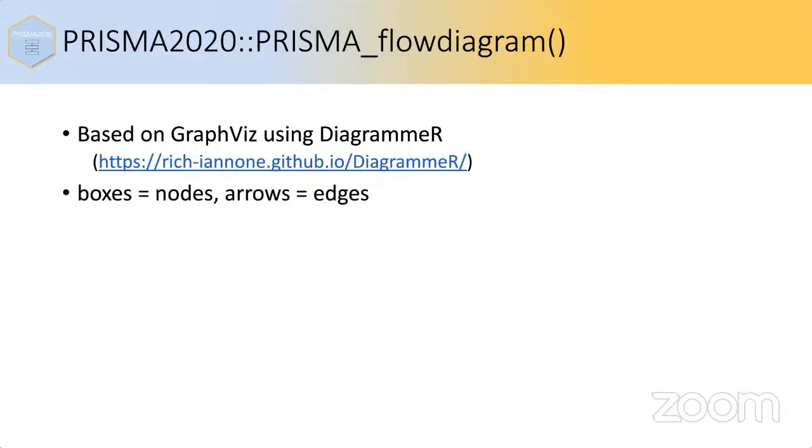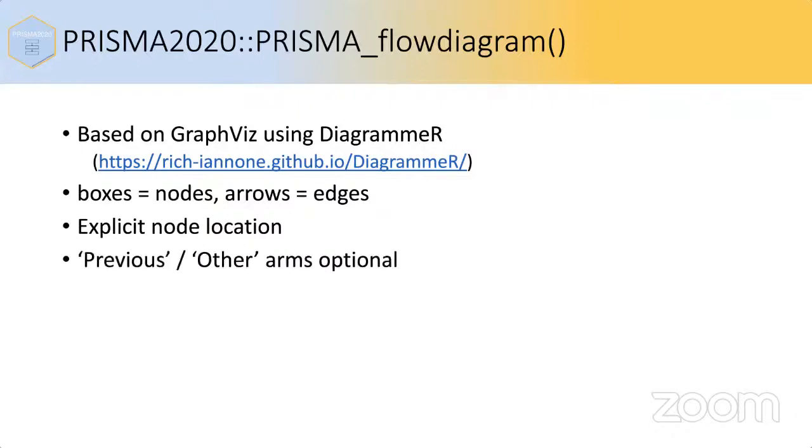In this language, I use the term nodes for boxes and edges for arrows, and the package automatically connects the boxes with arrows. But for PRISMA 2020, I use explicit node location, so I explicitly say where the boxes should go.